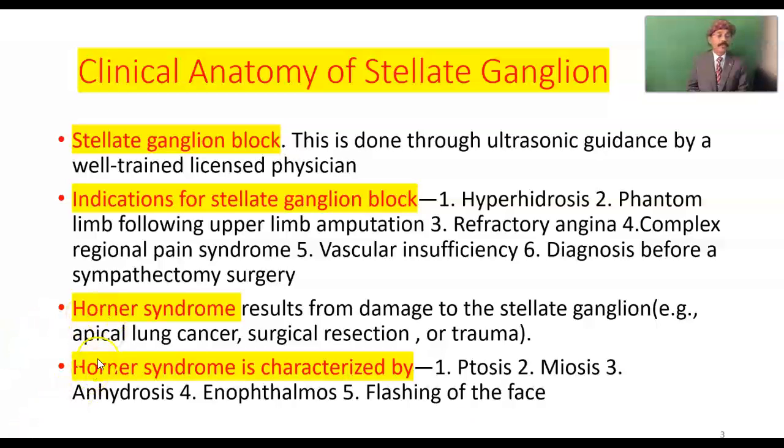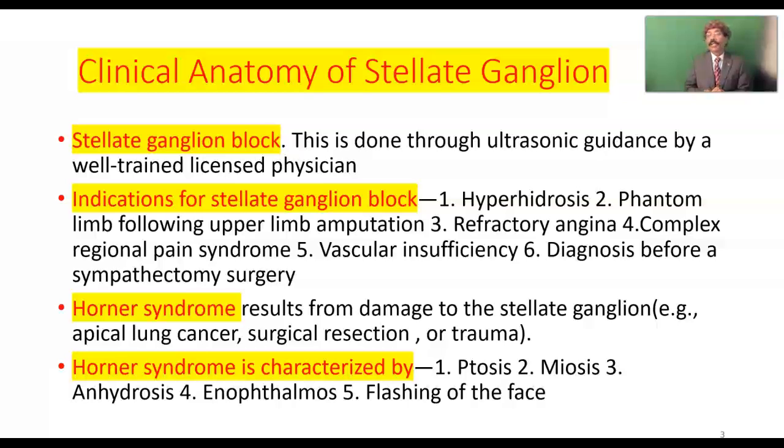So you got the indications for stellate ganglion block. And what is Horner syndrome? Horner syndrome is a condition when the stellate ganglion is compressed, blocked, or damaged. Horner syndrome has many other causes like neck injury, head injury, hypothalamic injury.